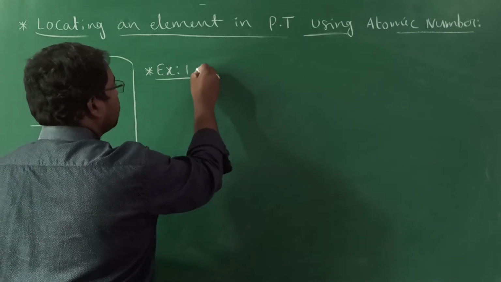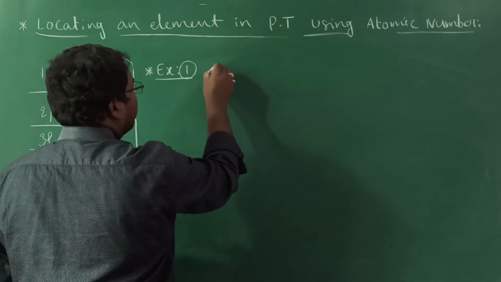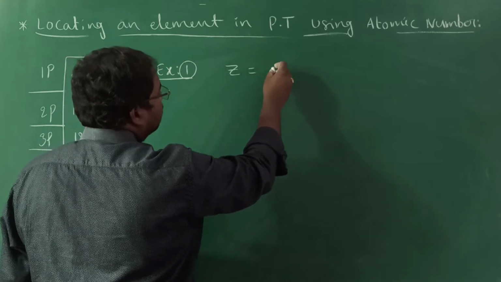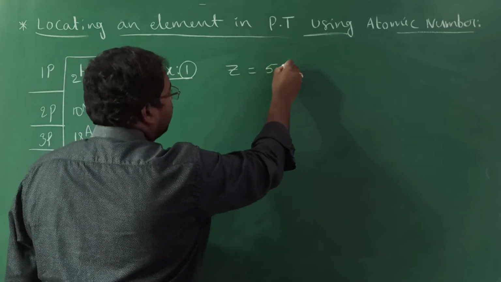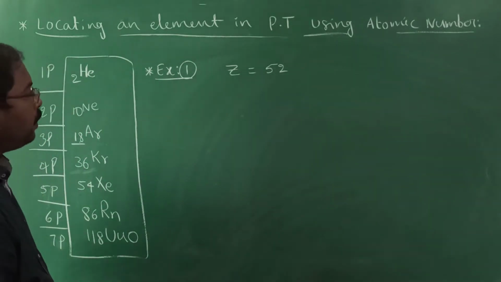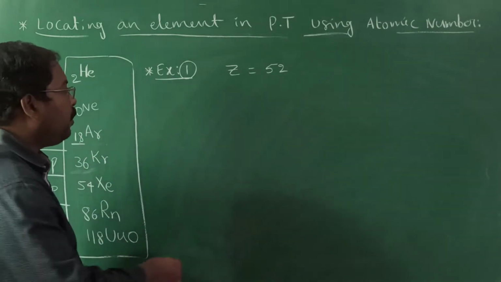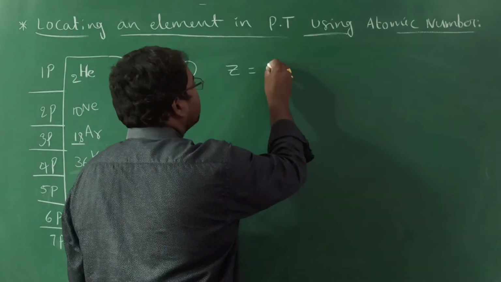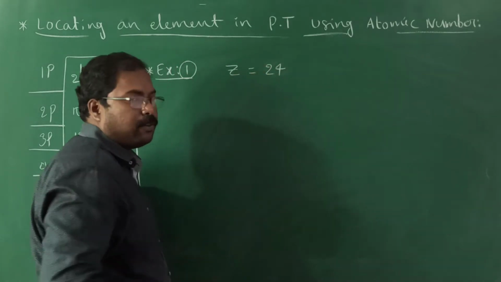Example 1: if we start with a very big number you may get confused, so let us take a simple number, 24.